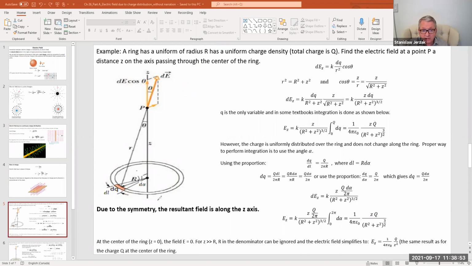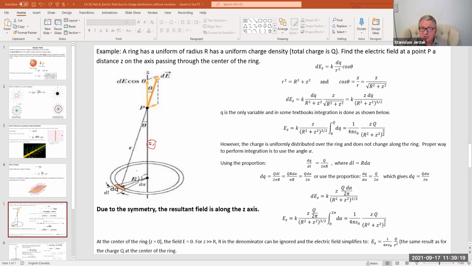So here we have again that ring, and we will calculate the electric field at point P, which is located a distance Z above the center of the ring. So let's say the ring is on a flat table, and you calculate the electric field at point P just above the center of the ring. It's distance Z. So Z is not a variable.